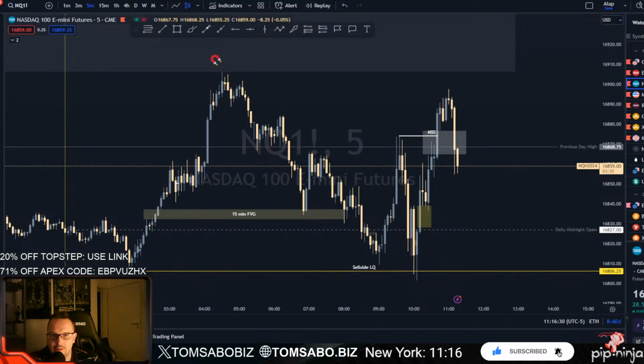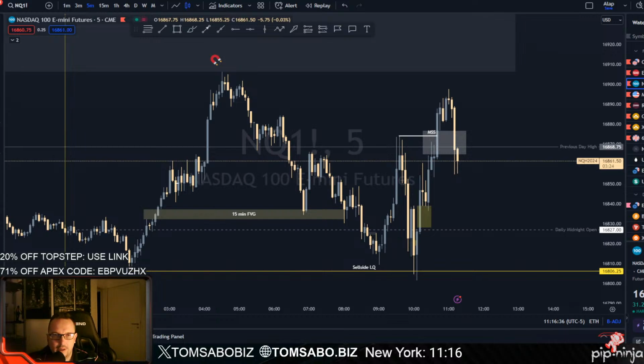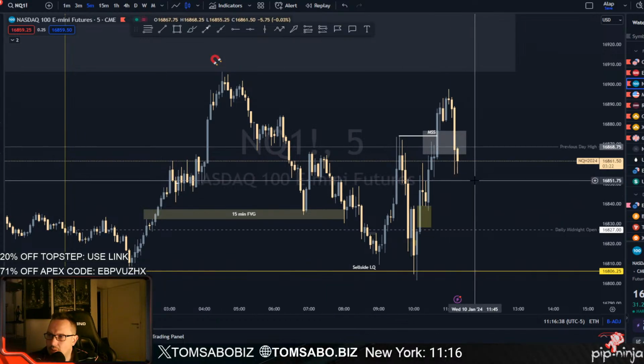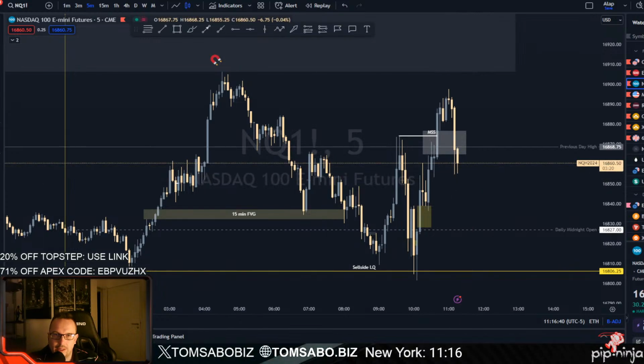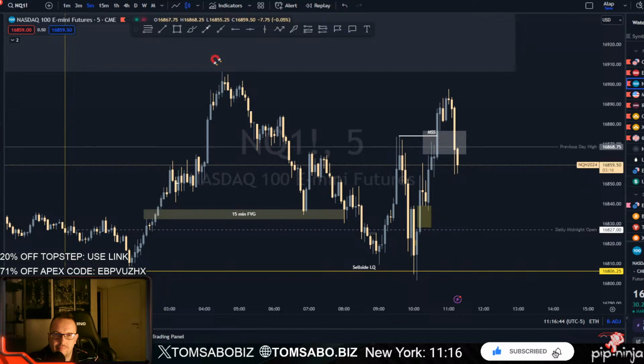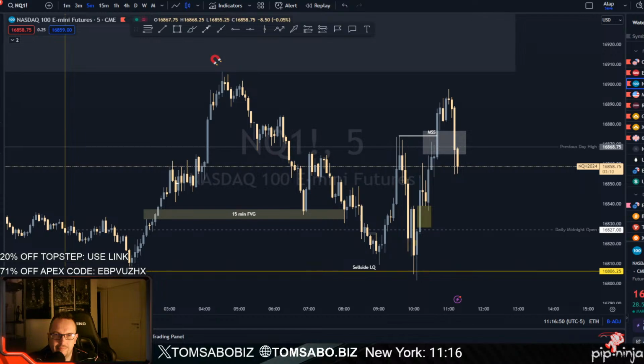I might re-enter. I just think that the 53 level is gonna get broken here. There is some minor liquidity below that level, and I really don't like it. So if it breaks lower, then I just want to get out then.